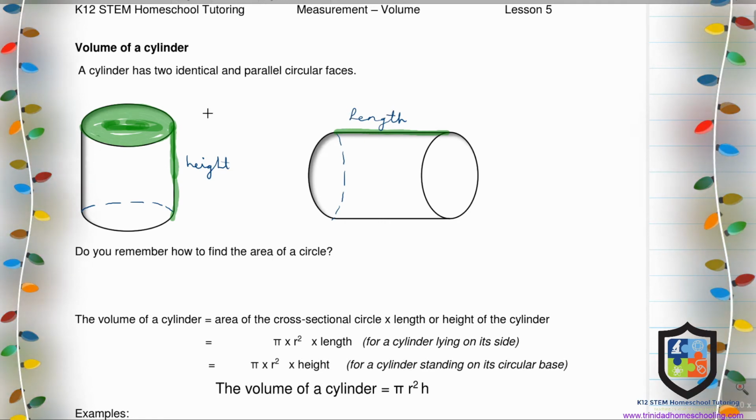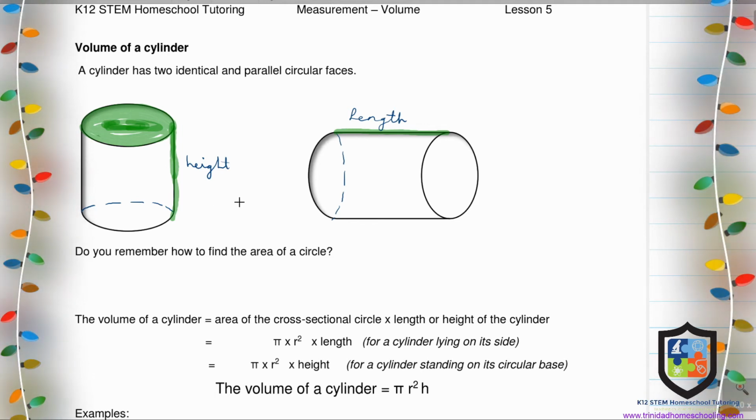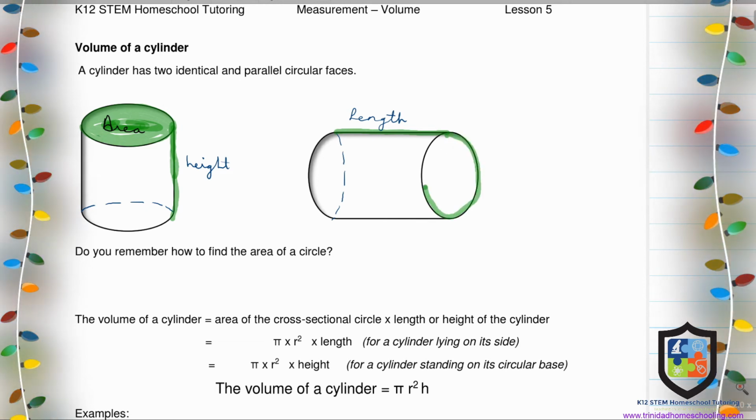Okay, in any case, it's going to be the same value. It's just we call it length and height because of the position of the cylinder. Okay, and we have the area here, which in this one will be the same circular face.